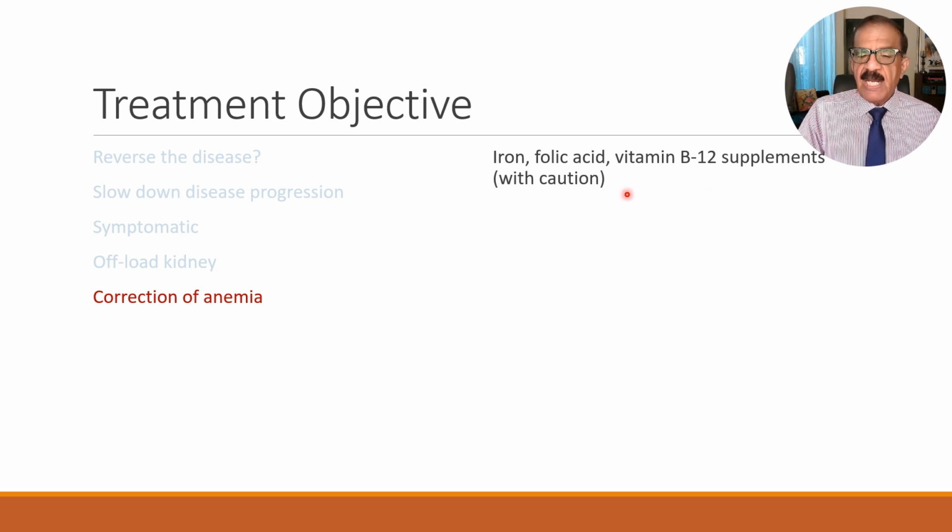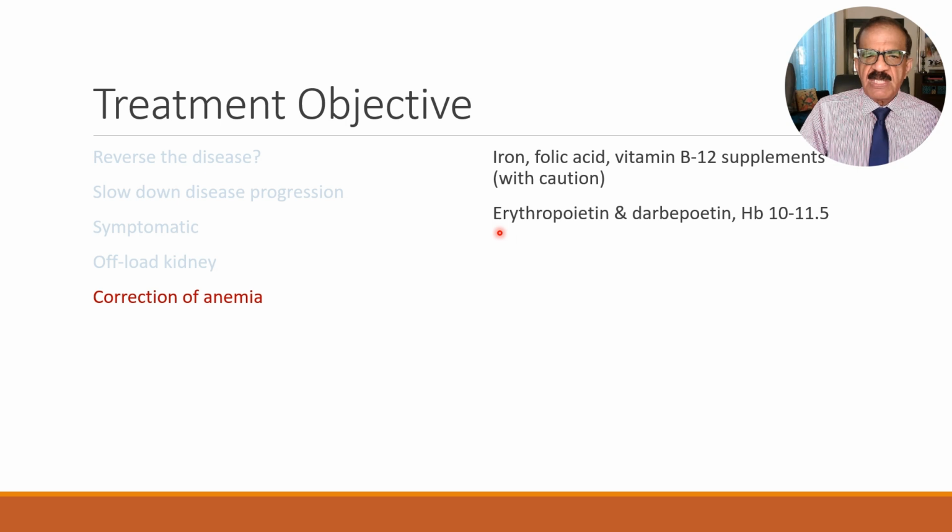But remember, it is also possible that these patients already have enough of it, but because of deficiency of erythropoietin, they are not consuming their nutrients, so they are accumulating.